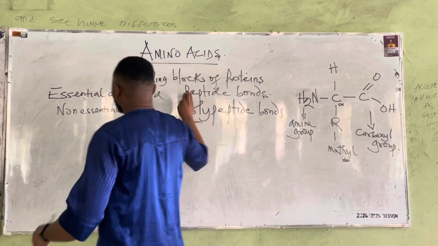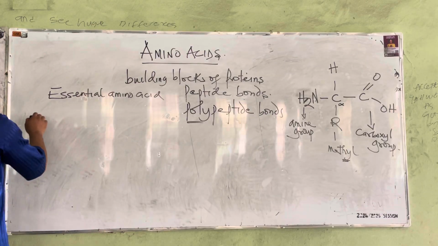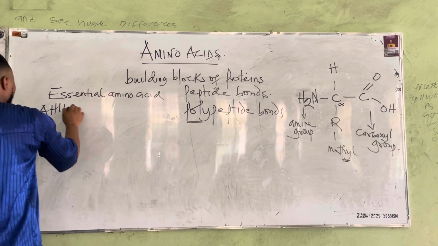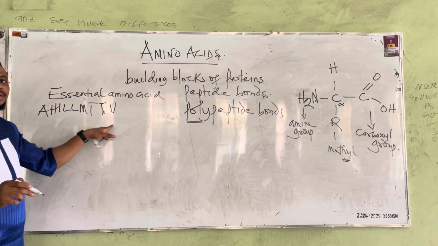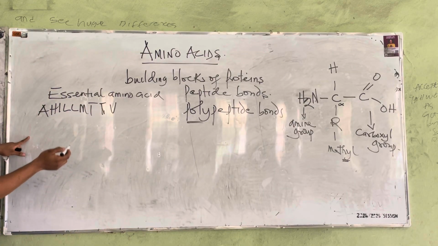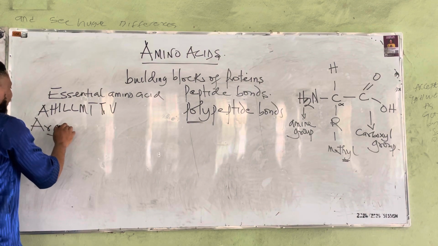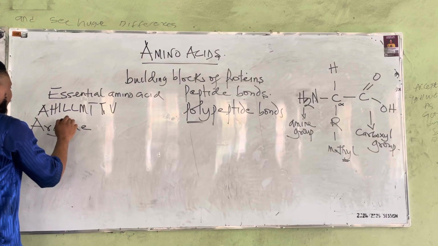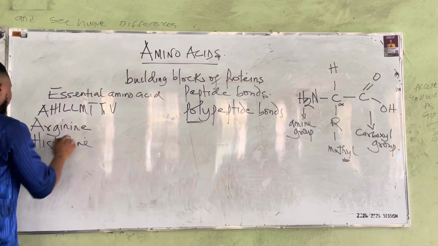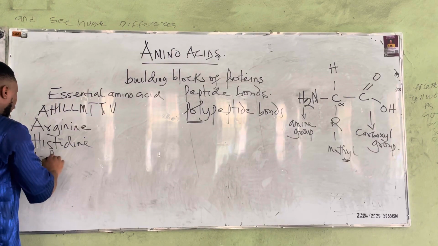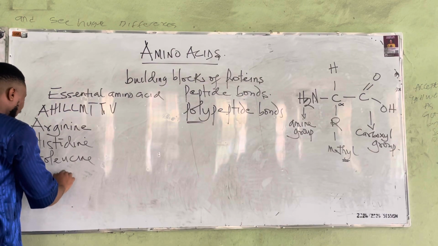Alright. Now let's look at essential amino acids. I use an acronym, A MPTTV. A is called arginine, H is called histidine, I is called isoleucine, this L is called leucine.